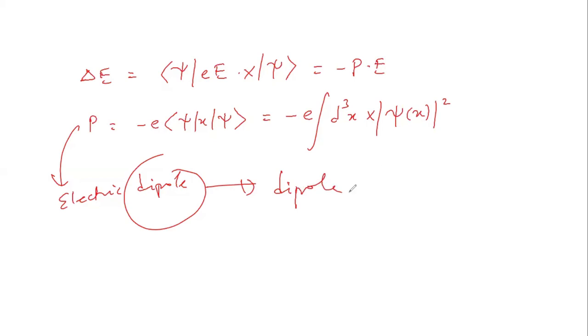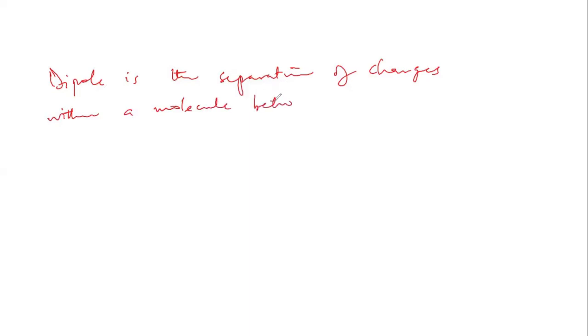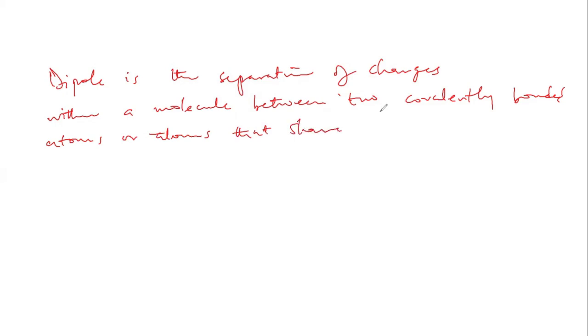In our previous note, which you already have, we made mention that the dipole is the separation of charges within a molecule, usually between two covalently bonded atoms, or atoms that share an ionic bond.